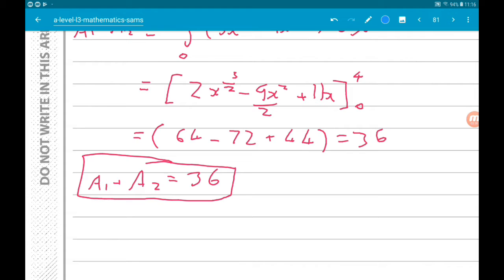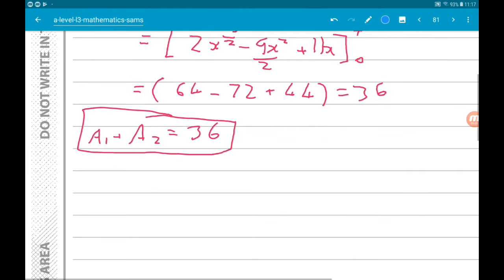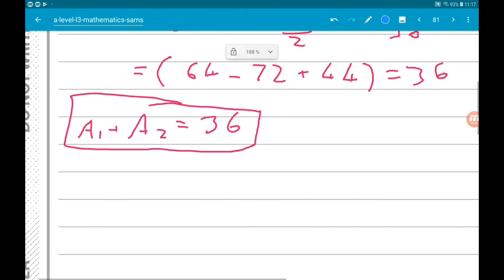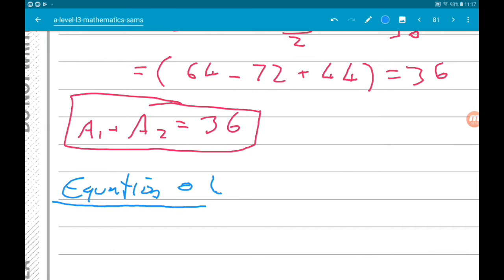We're now going to need to find the equation of the tangent. Okay, so let's call this the equation of L. So we're going to need to differentiate y to get the gradient.